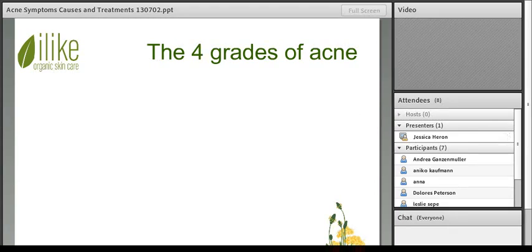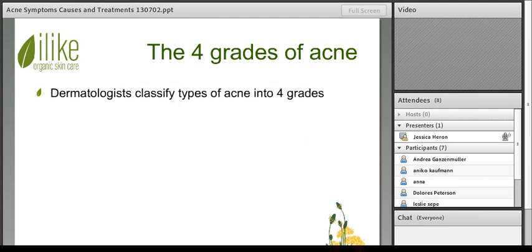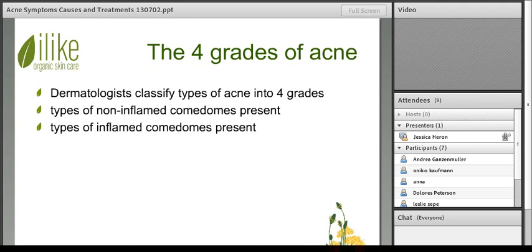So now that we know some of those symptoms that differentiate between themselves, the different kinds of lesions and things like that, understanding the different stages of acne will help and assist in prescribing treatment for your clients. So let's talk about that. Dermatologists classify the types of acne into 4 grades.